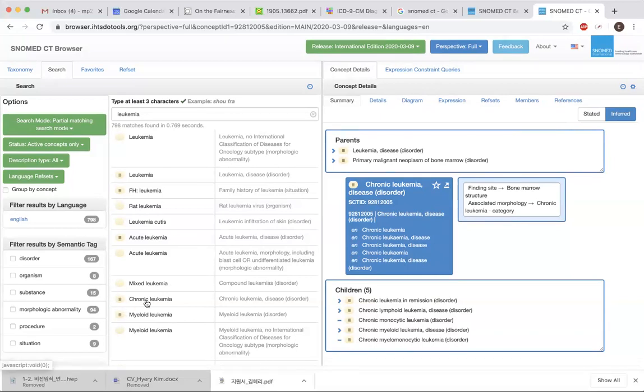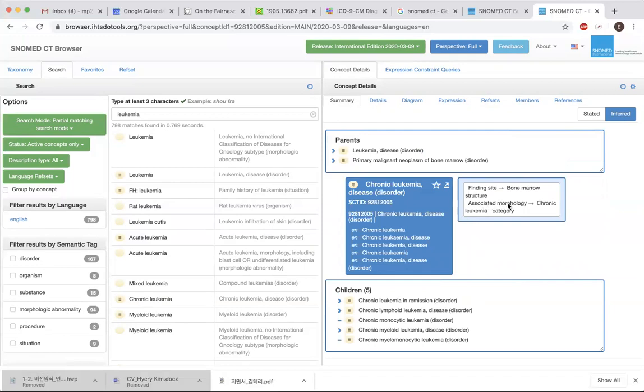So now that I've clicked this one, chronic leukemia, now this has both parent and children. So there's this parent-children relationship, but there are other relationships such as finding site. So finding site means where this particular disease occurs in your body, and it says that the finding site of chronic leukemia is bone marrow structure, which would be your 골수 in Korean.